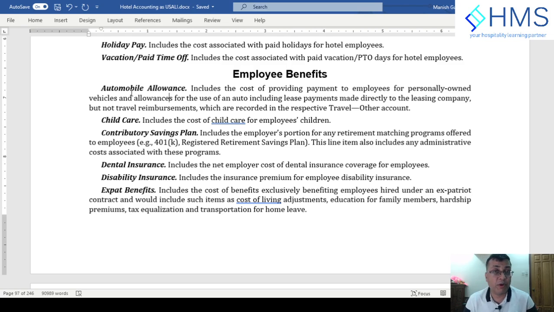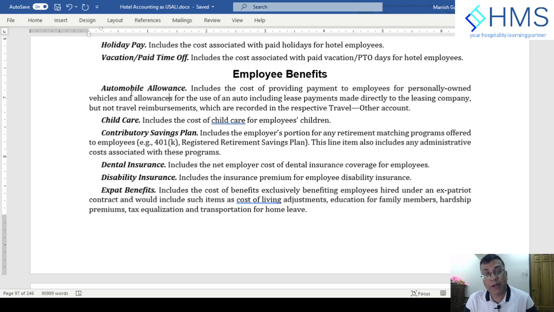If the company policy is to contribute equally with the employee to the retirement benefits, then the employer share will go here. Then you have dental insurance and disability insurance; the employer part of the insurance premium will also come under the employee benefits.